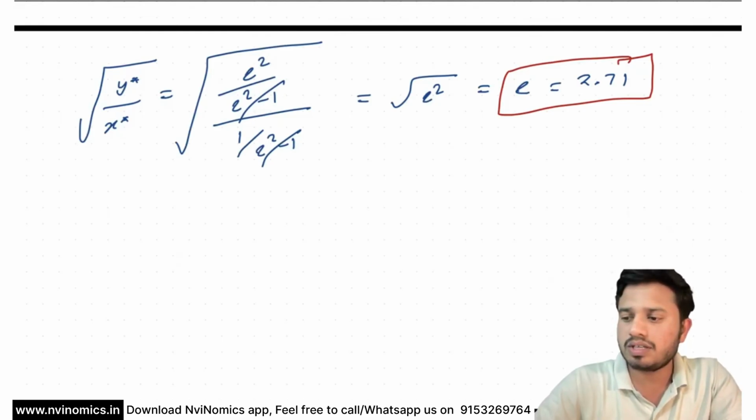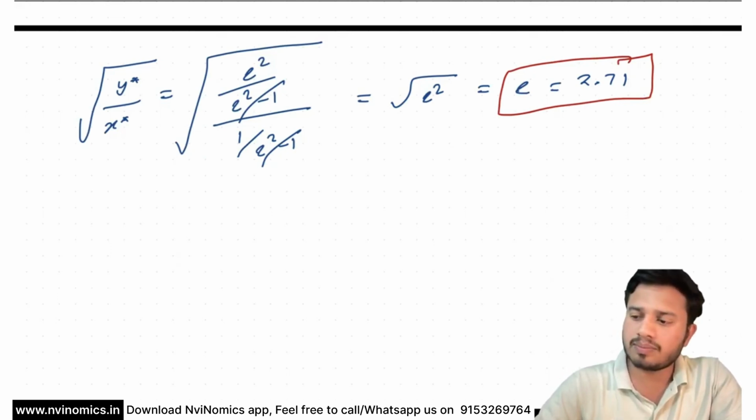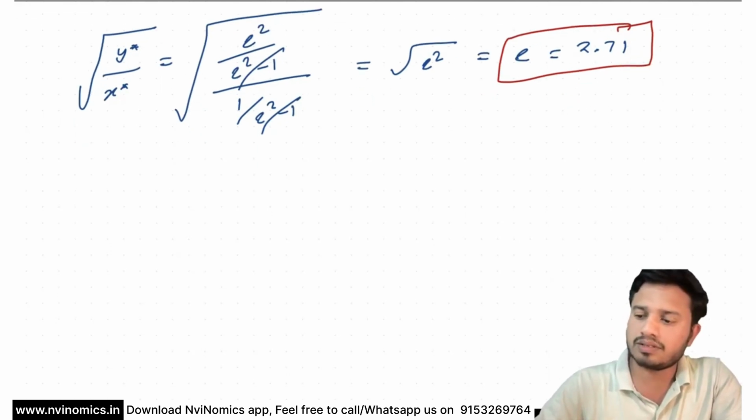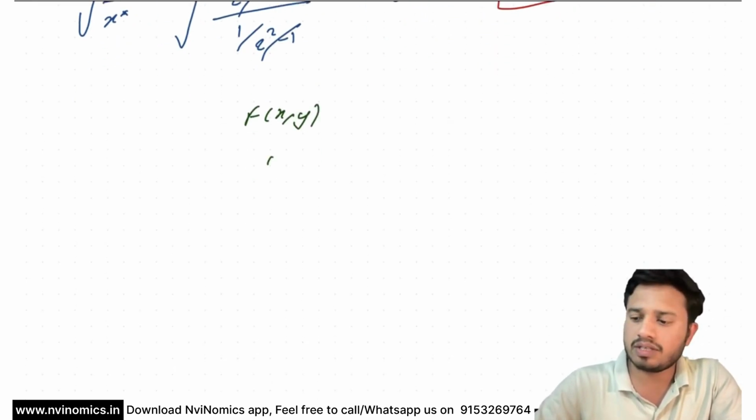Now, there are situations where there is not only one constraint, there are more than one constraints. So suppose, for example, a problem with f(x,y) as our function, and there are more than one constraint.